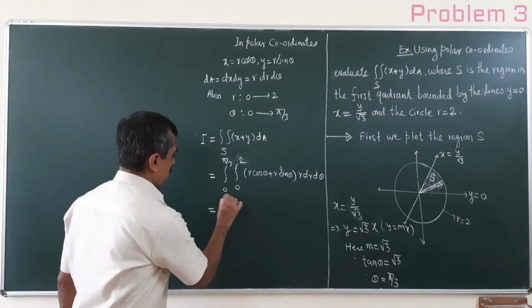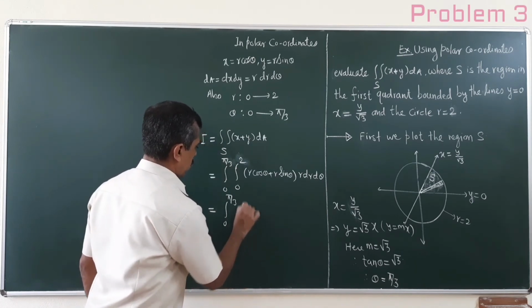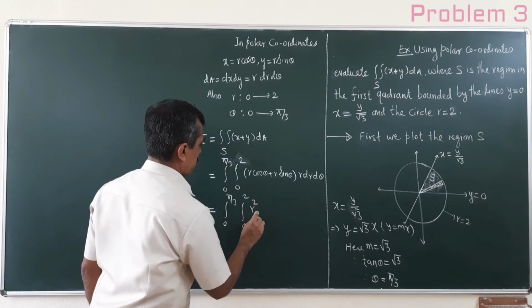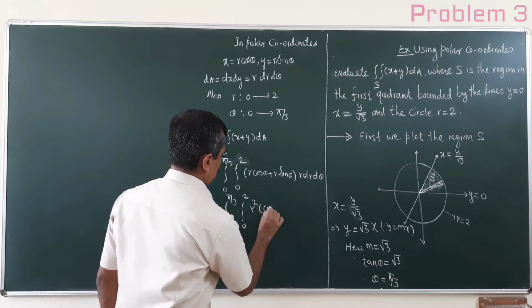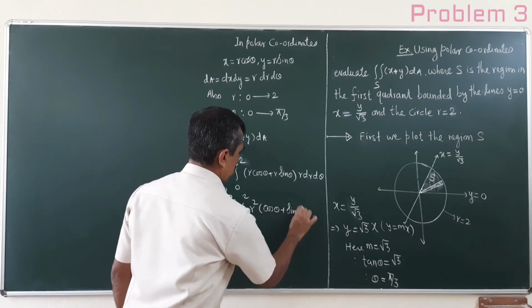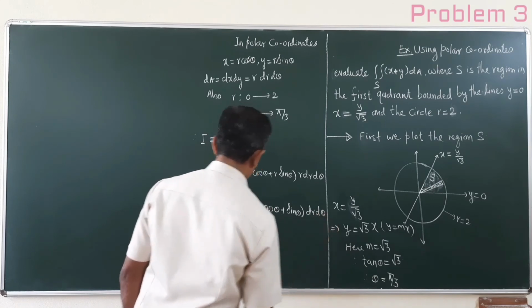You do either way, the things will be quite simple. So integral 0 to 2, take r common, and this r, so r squared into cos theta plus sin theta, then dr and d theta.